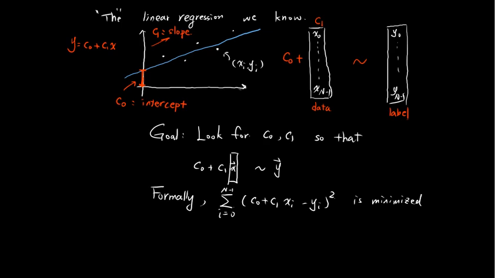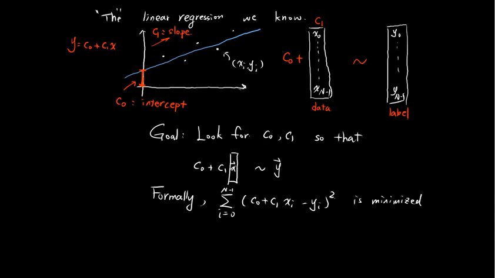Okay, so I believe this part is quite close to what you have learned. Now we want to talk about a general case of linear regression, and it will help you understand the algorithm that we are doing.